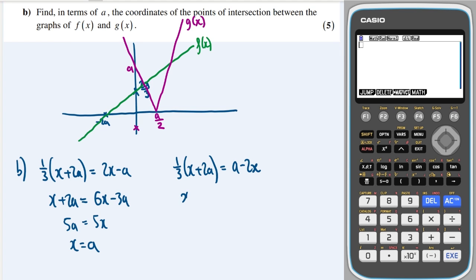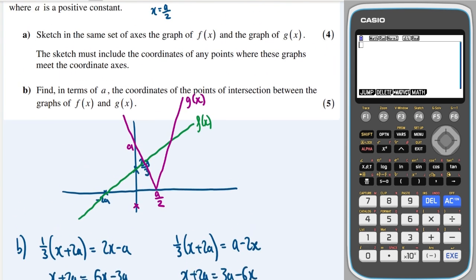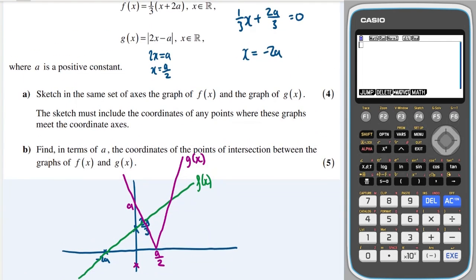Over here, do the same thing, multiply through by 3, gives me this, gives me 7x on this side and 1a on that side, so x is equal to a over 7. Okay, great. They asked for the coordinates, so I will need to sub back in to find the y values.